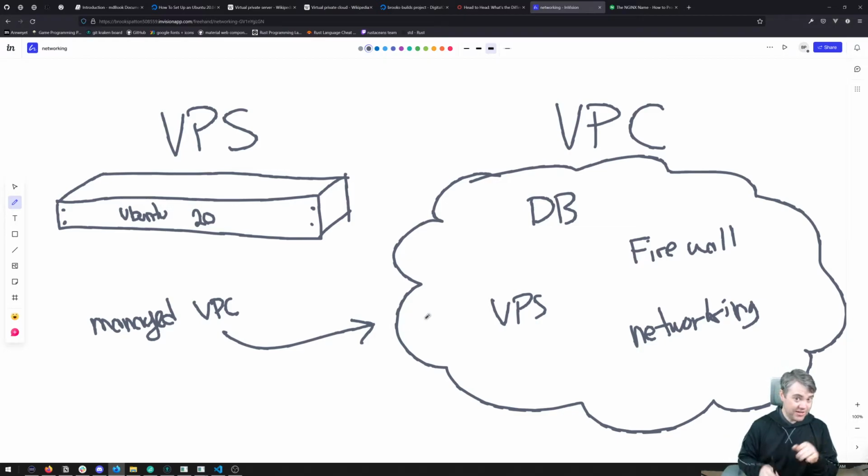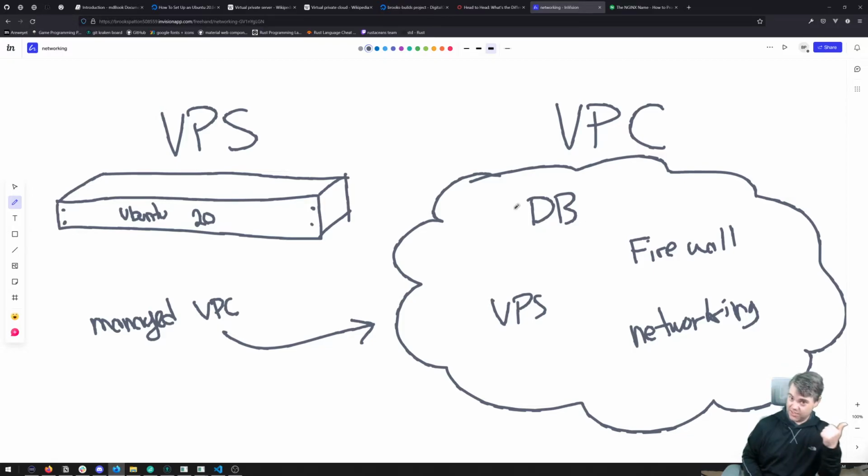Now, as you can imagine, these get more expensive the more we have other people dealing with stuff for us. For example, having all of the different services for VPC is actually really expensive because we have a database that somebody is managing.